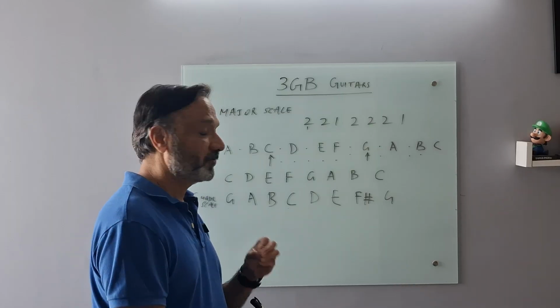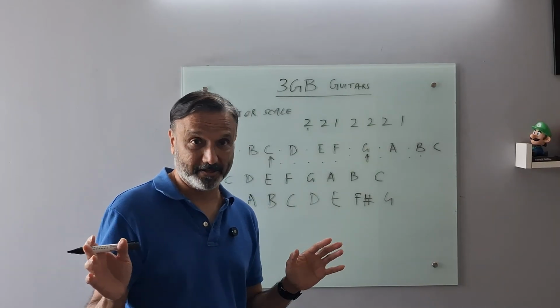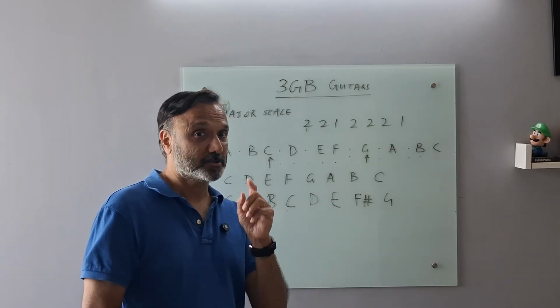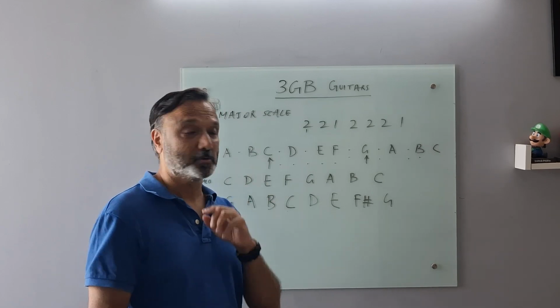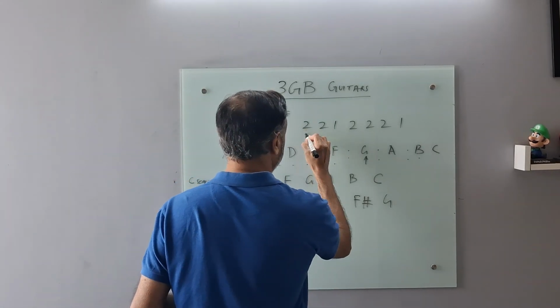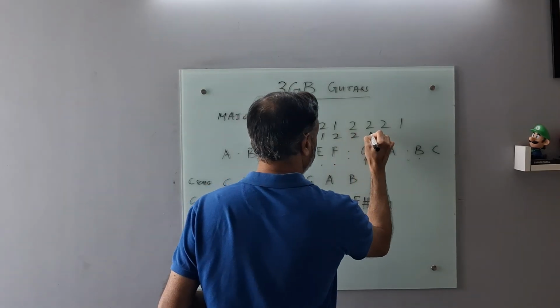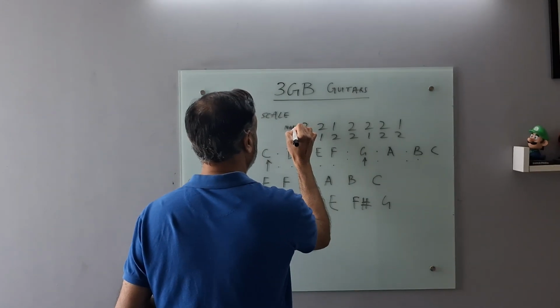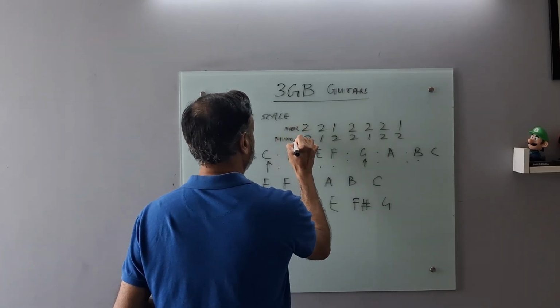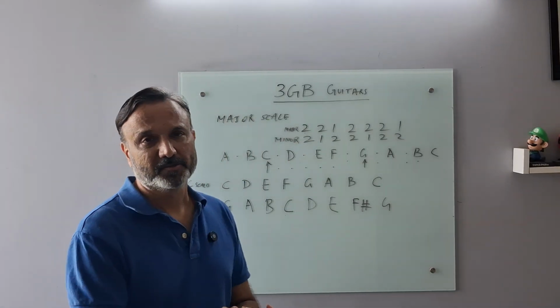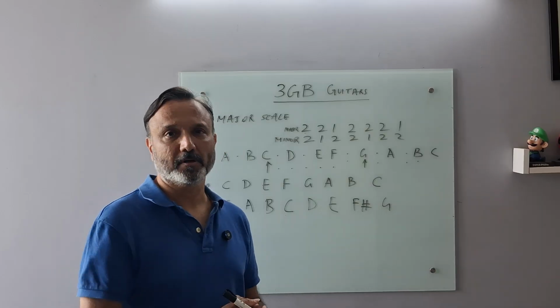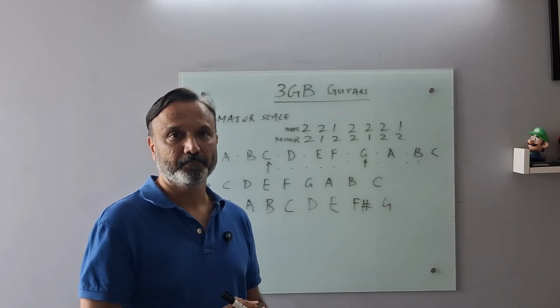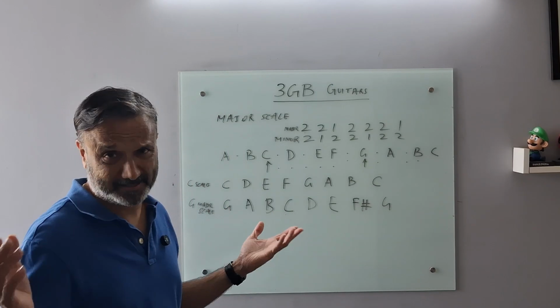Now, if you want to do the same thing for the minor scale, remember in the minor scale it's 2 1 2 2 1 2 2. Okay, so let's take some popular examples. We'll try the A minor scale and the E minor scale.